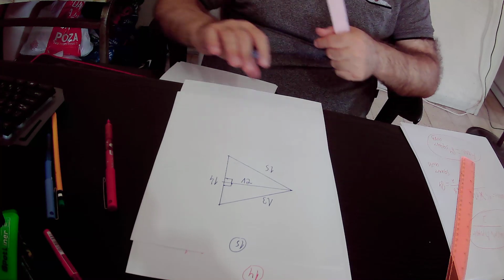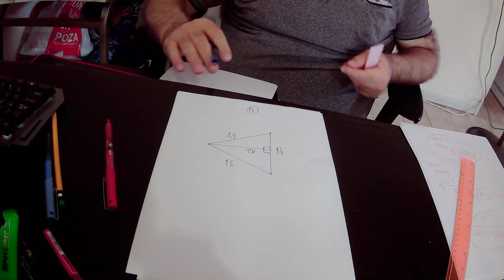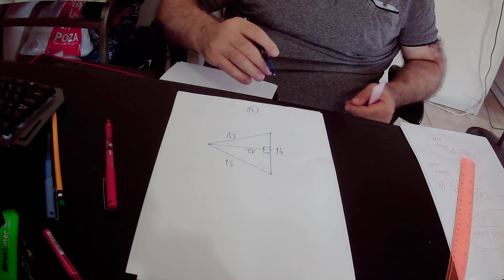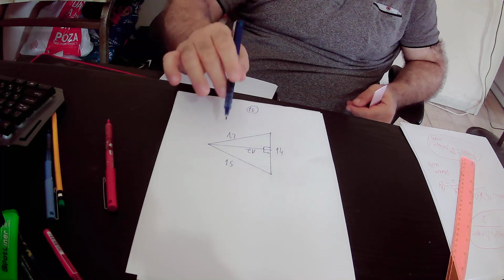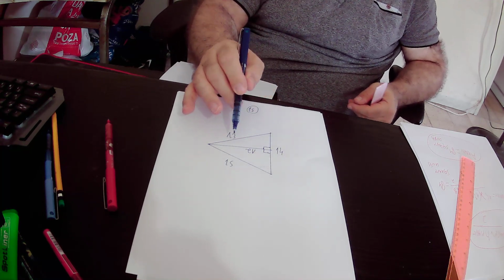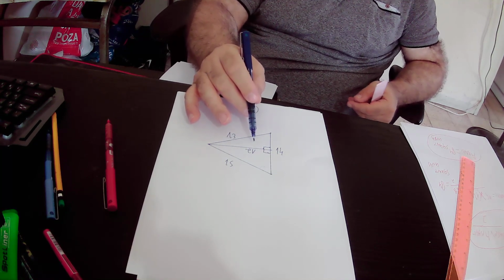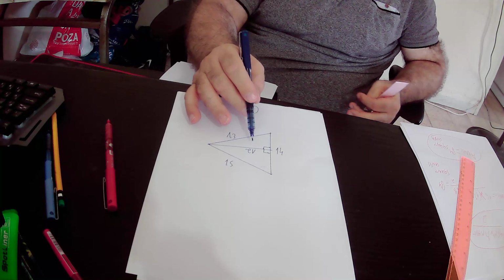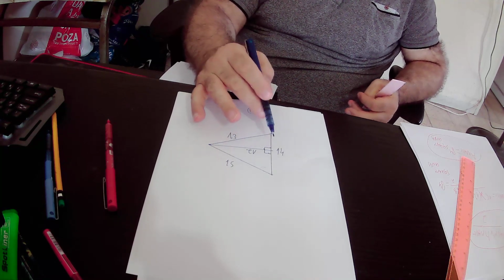Again, in this way, we proved that if the base of triangle ABC is 14 units, then the height to that base is 12 units. This side creates 90 degrees with the base.